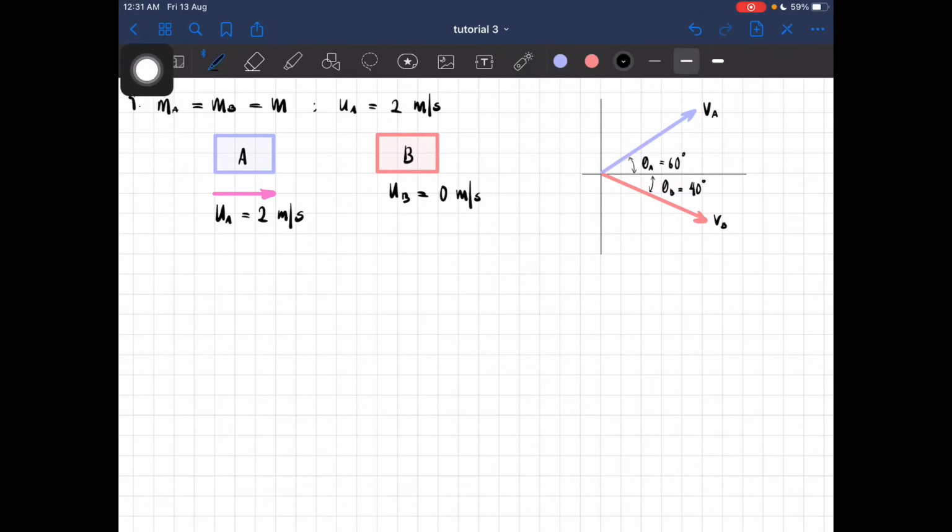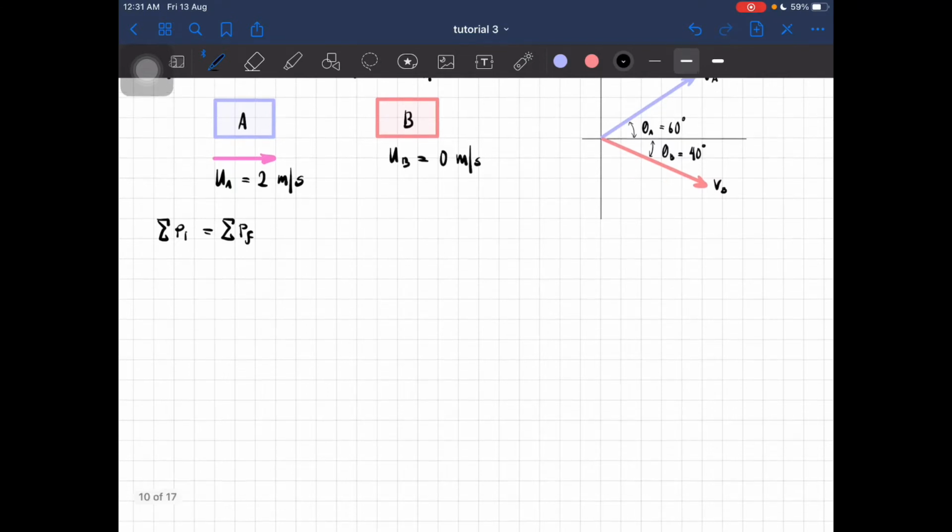So what we can do is look at both the y and x components. The formula that we will be using is the conservation of linear momentum, because for any type of collision, the total momentum will be conserved.